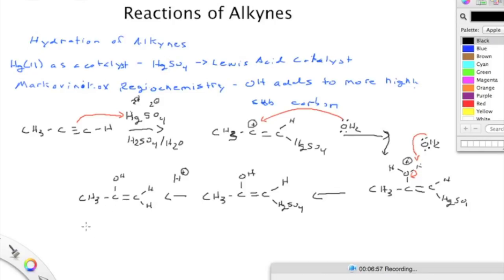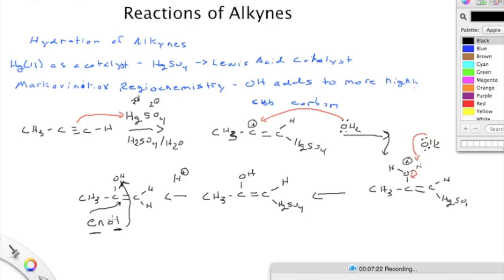Now, there's something special about this product, and that's the fact that this is what you call an enol. It's an ene because of the double bond, and then of course ol because of the alcohol that we have here. Right, so this is what you refer to as an enol.